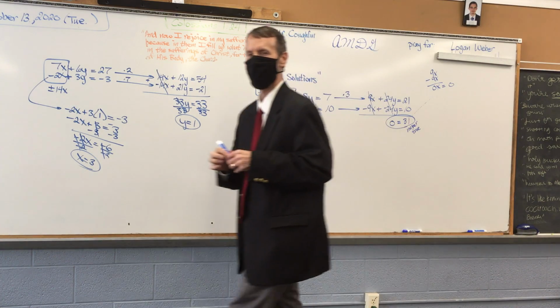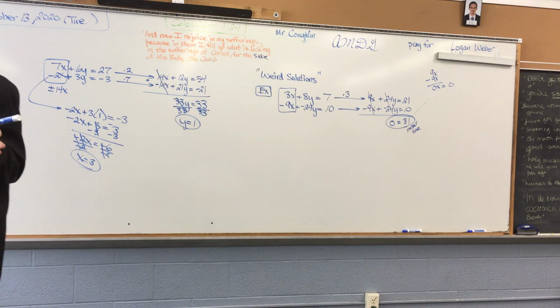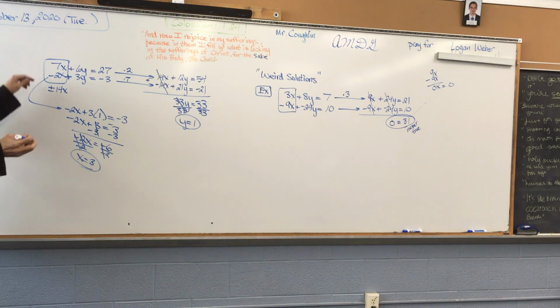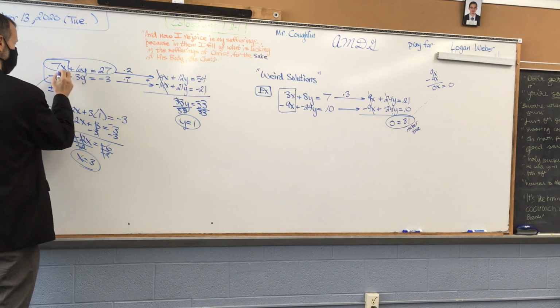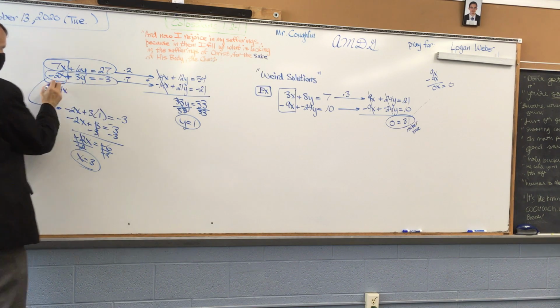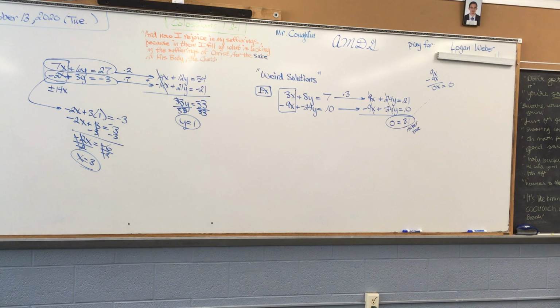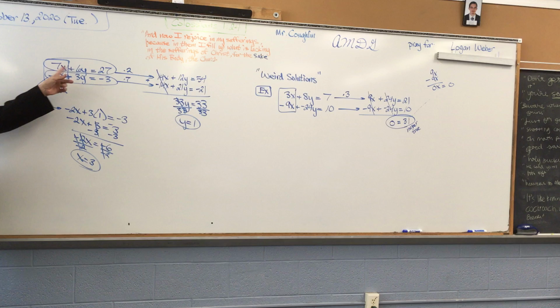Let me review something from yesterday. These two equations from last chapter have graphs. I mean, the graphs are horrible, but does everybody at least agree that they're standard form?